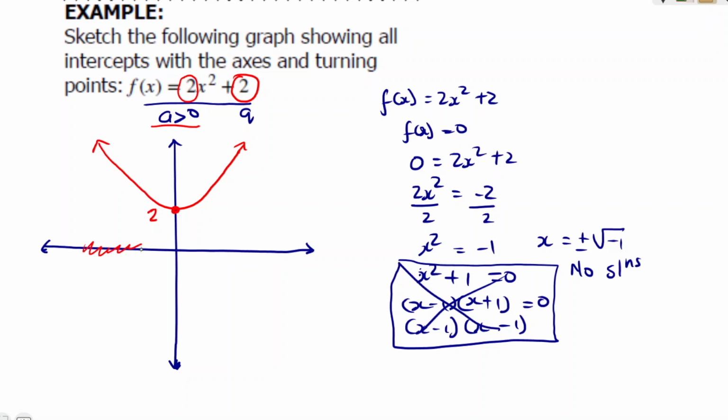This graph does not cut the x-axis. That's why we could not find any x-intercept there. So this is how the graph looks like. It's the graph that has been lifted from 0 to 2 units up, and there are no x-intercepts. It does not cut the x-axis.